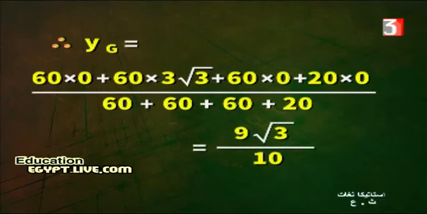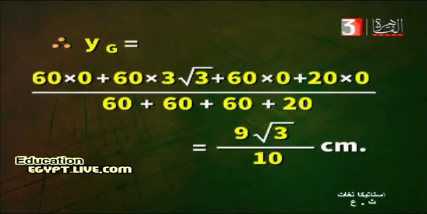Then the yg value: 60 times 0 plus 60 times 0 plus 60 times 3 root 3 plus 20 times 0 over summation of all mass 200. The answer is 9 root 3 over 10 centimeter. This is the coordinate of yg.